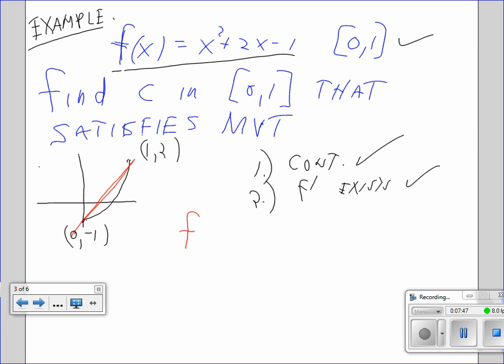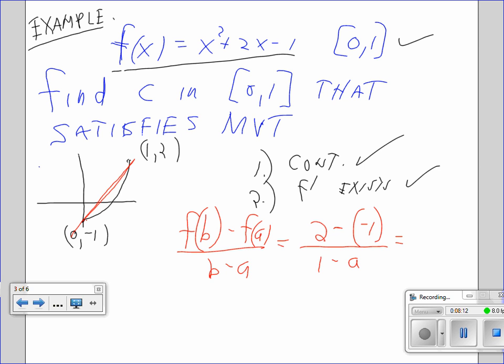F of B minus F of A over B minus A. In this case, B is equal to 1, so F of 1 is 2, right? It's 2 minus, if I put in a 0, I get -1, over 1 minus 0. So that's going to be equal to 3.